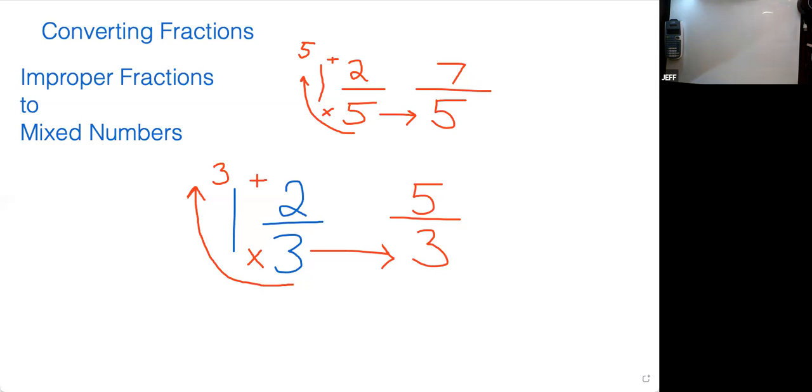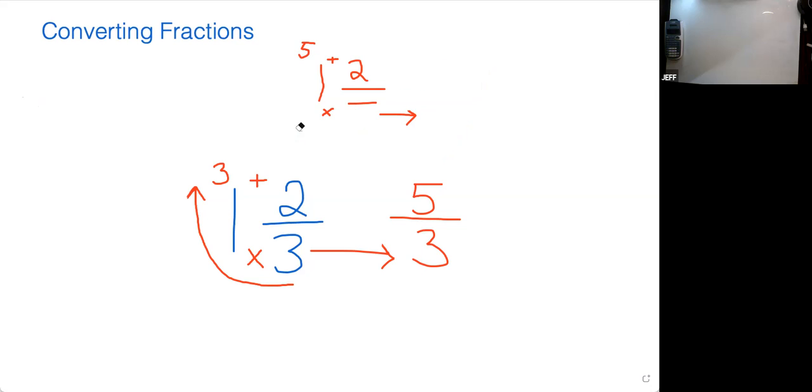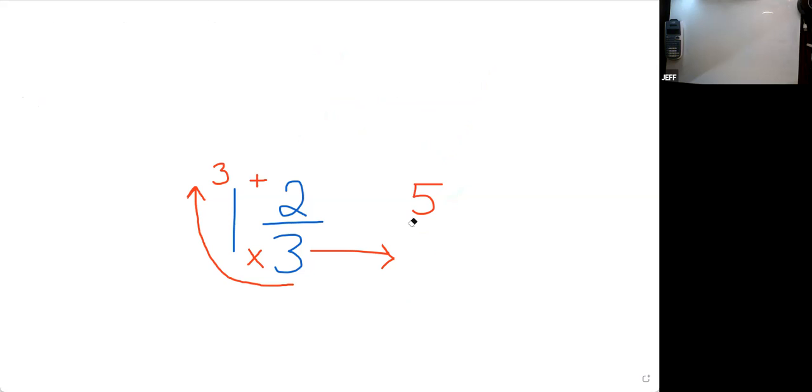Okay, so improper fractions to mixed numbers, and mixed numbers back to improper fractions. I want my eraser. Where'd my eraser go? There we go. Now we're going to talk about reducing fractions. This one is a little bit of labor. This one we're going to do a lot. So reducing fractions is getting something to its simplest terms.